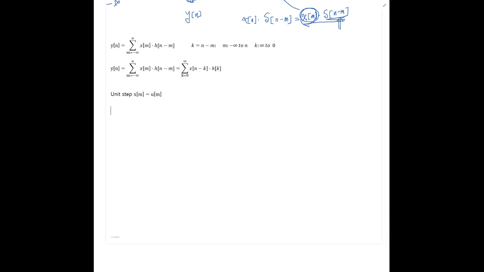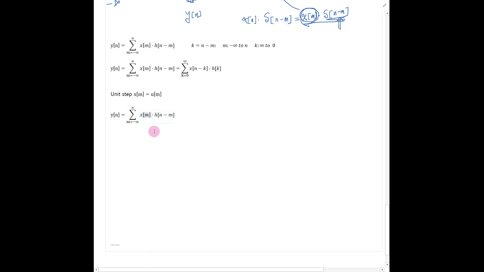The step response can be calculated from the convolution operation. So this can be the sum over m of x[m] h[n minus m], with m from minus infinity to n.